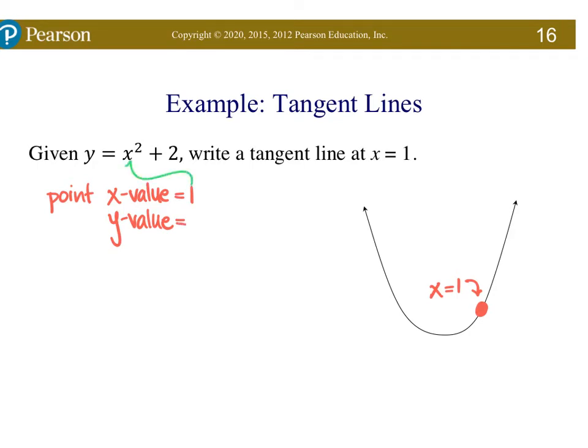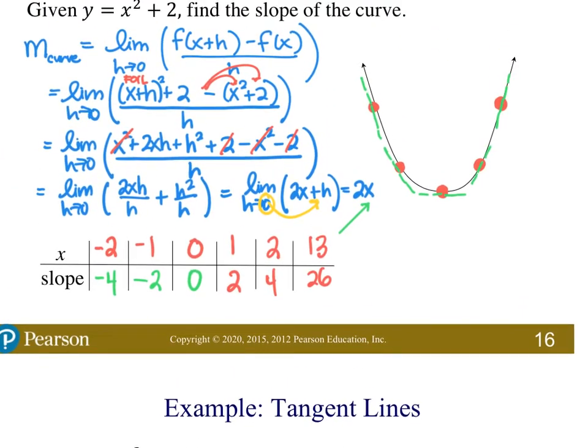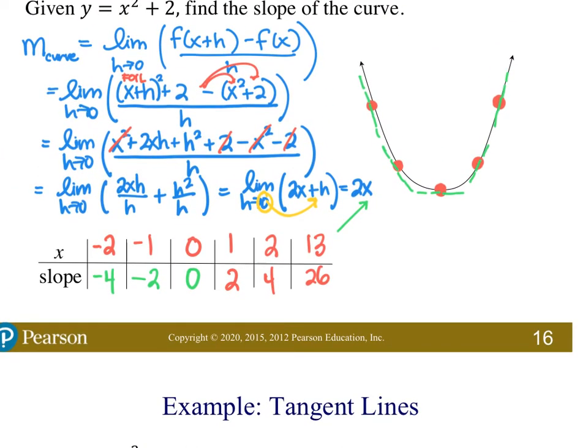So I'm going to plug that in right here to the original equation, 1 squared plus 2. And so I'm going to get 3 for my y value. So this is the point, x is 1, y is 3. We also know that the slope value, which we'd found previously on the previous example, the slope value is 2.